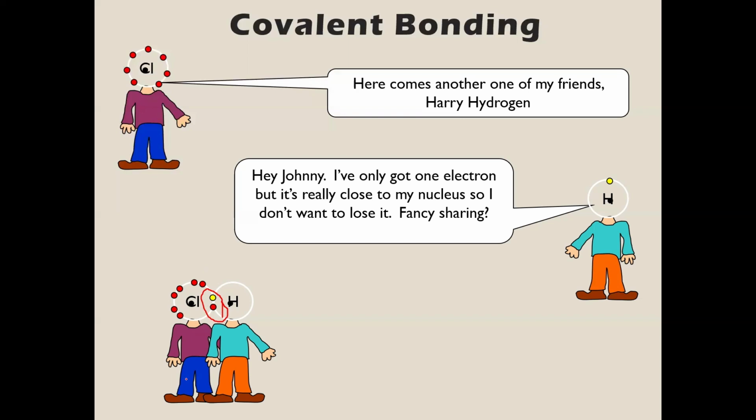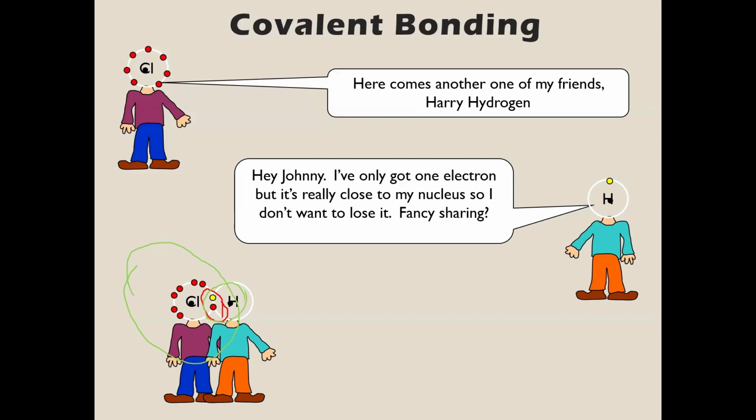If we look at chlorine after sharing, we can see that chlorine now has 8 electrons. But from the hydrogen point of view, hydrogen now has 2 electrons, a pair, in its first shell, so it will be full.